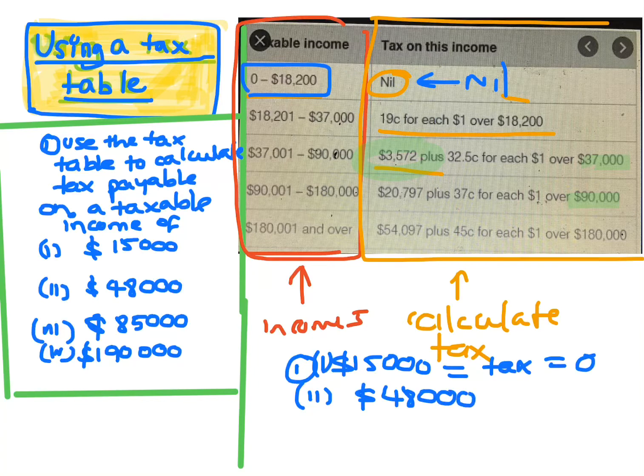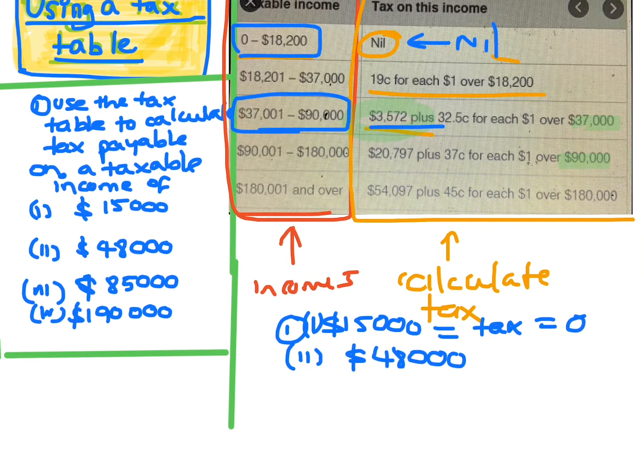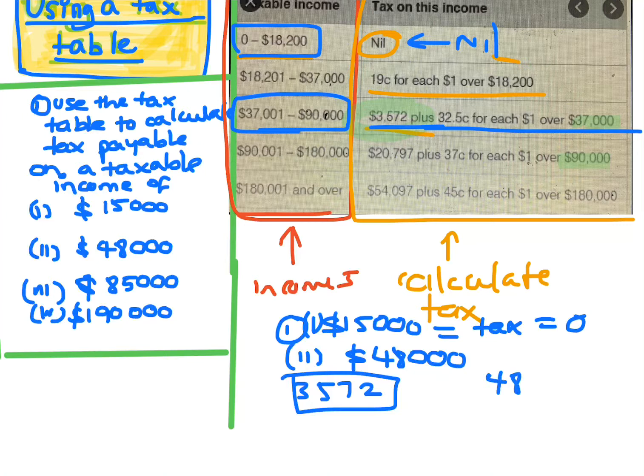48,000 is in the third bracket, so you will pay 3,572. You pay that much money plus 32 cents for every dollar over 37,000. So the first thing you do is take away the one at the end. So you go 48,000, take away 37,000, which will be 11,000.